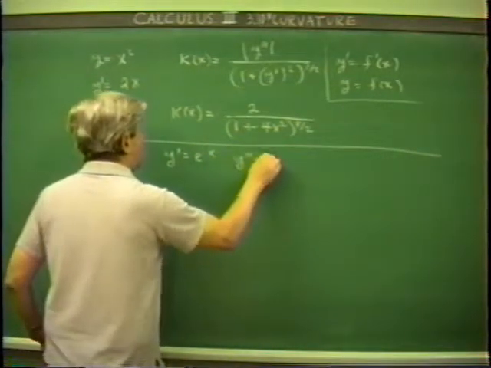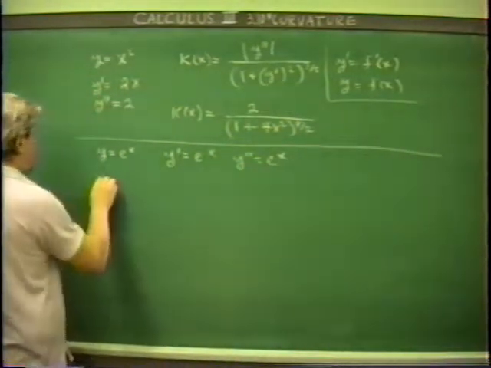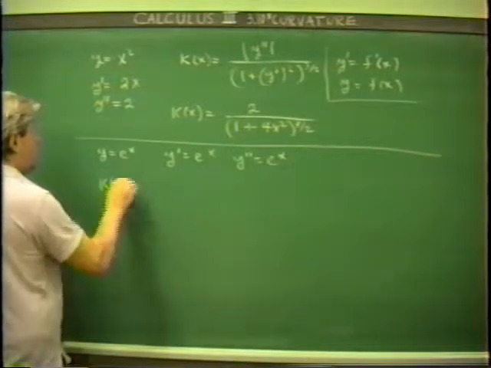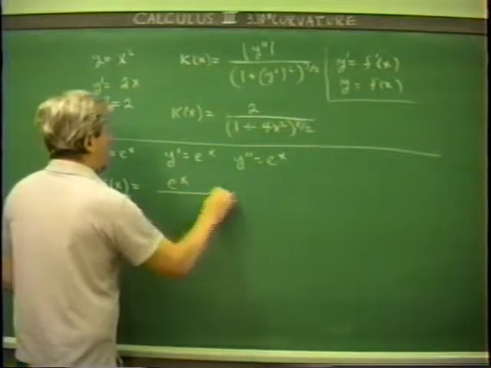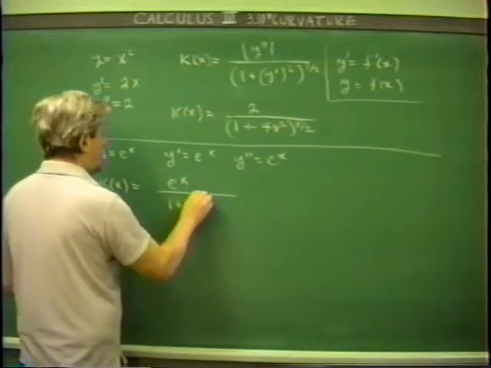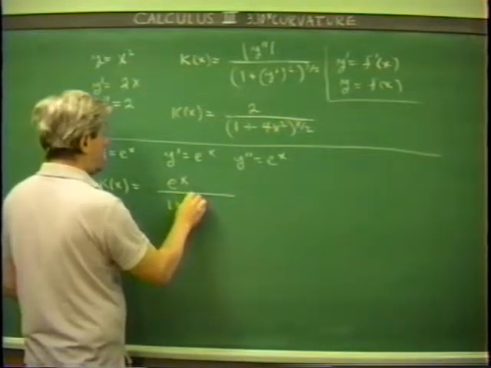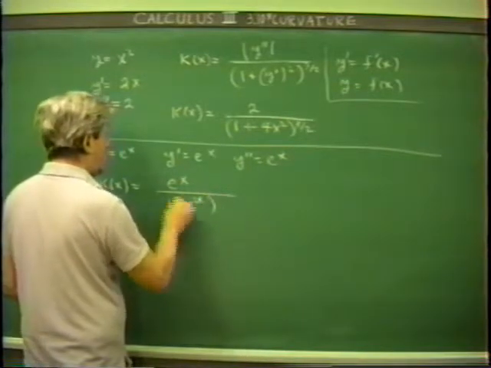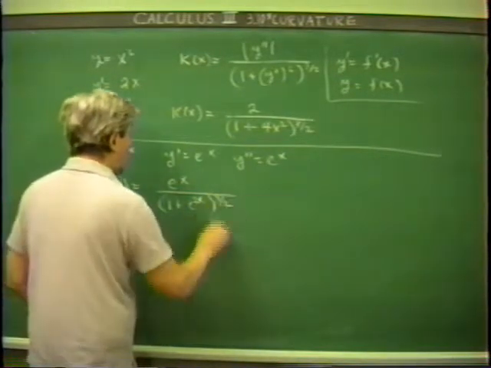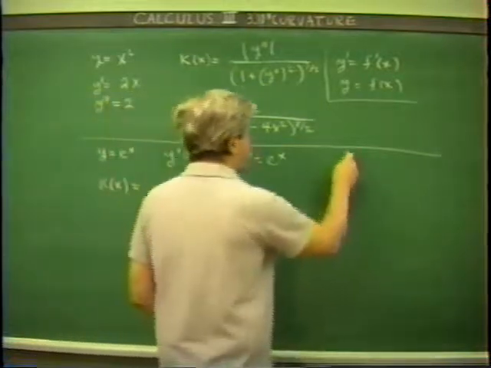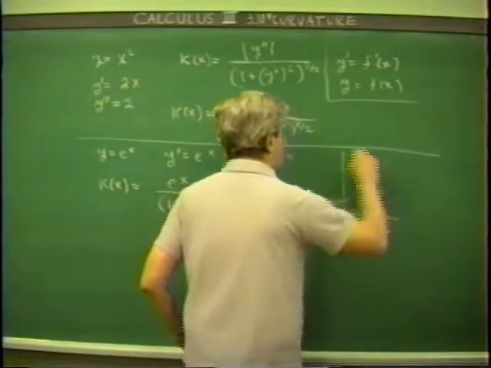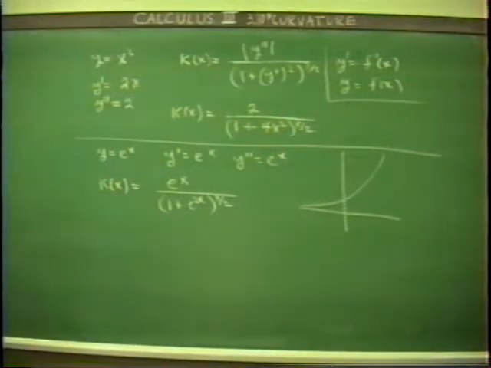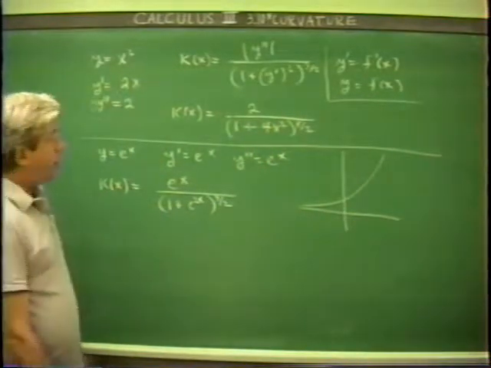Let's do y equals e to the x. Then y prime is e to the x and y double prime is e to the x. And so the curvature, as a function of x here, is going to be e to the x over 1 plus e to the 2x, to the 3/2 power. Well, y equals e to the x looks like this.